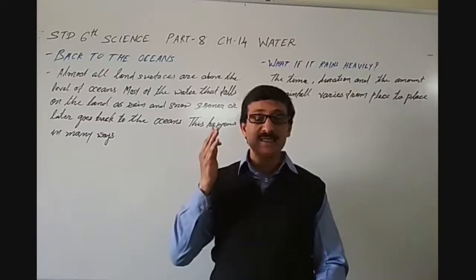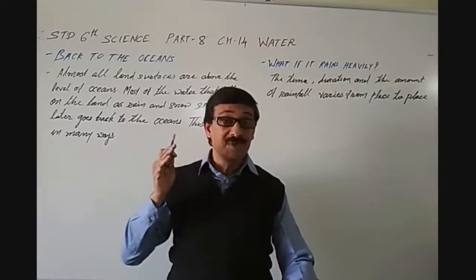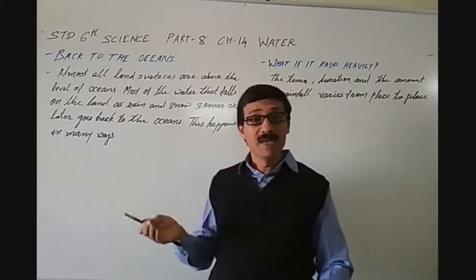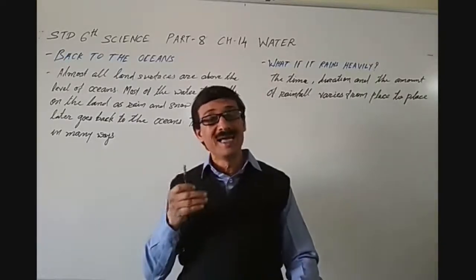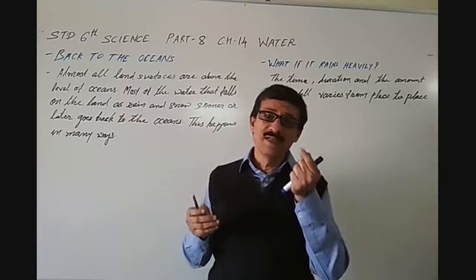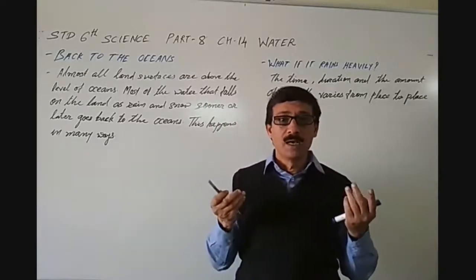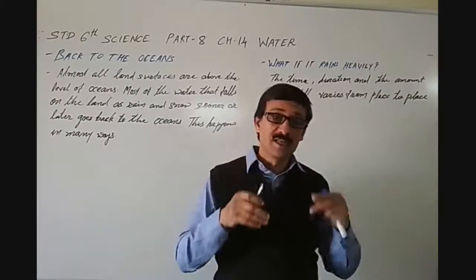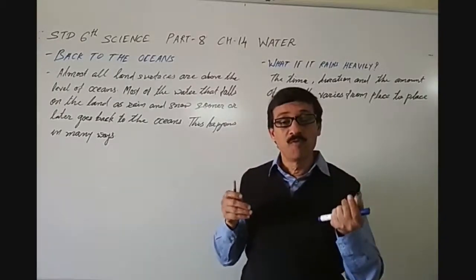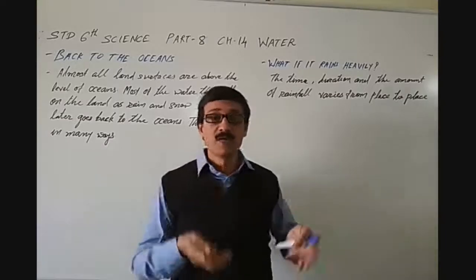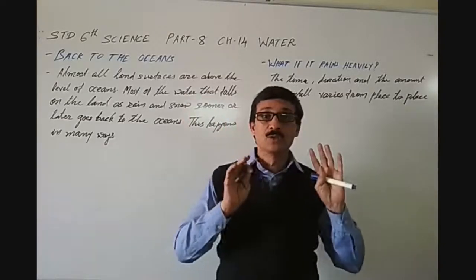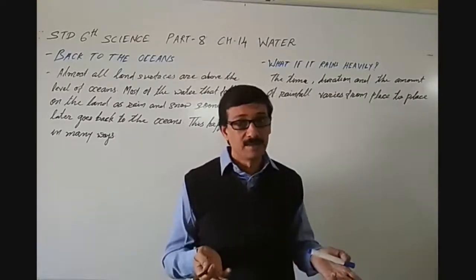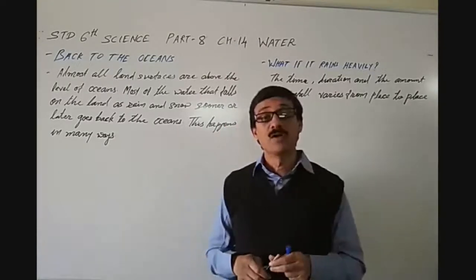At sufficient height, it becomes so cool that the water vapor available in the air condenses, and very tiny droplets of water are formed. When those droplets come together, they become big drops of water, and the heavy drops fall on the earth, isn't it? And that is what we call rain. That is the process of formation of cloud.